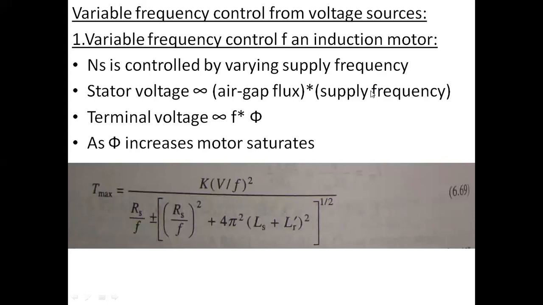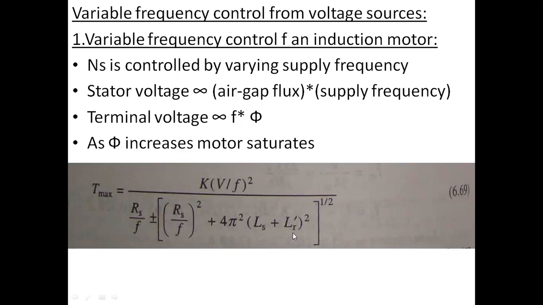From the equations discussed in earlier chapters, I can say that T max is equal to K into (V by f) whole square divided by (Rs by f plus or minus the square root of (Rs by f) whole square plus 4 pi square into (Ls plus Lr dash) whole square).